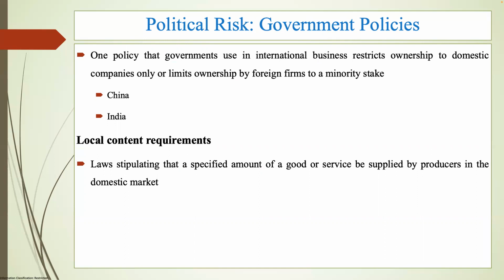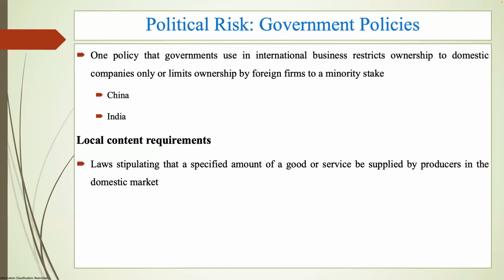China used this type of policy to restrict foreign investors to a minority position with a domestic joint venture partner, and PepsiCo's ownership of a local company was restricted to 49% when it first entered India. Economic development can be impeded if companies withhold investment from a nation because of such policies.